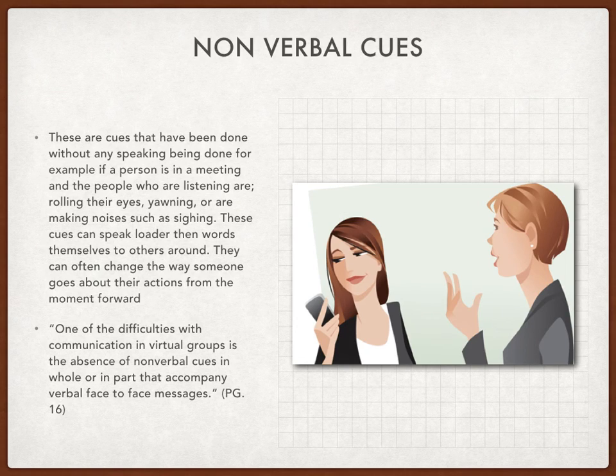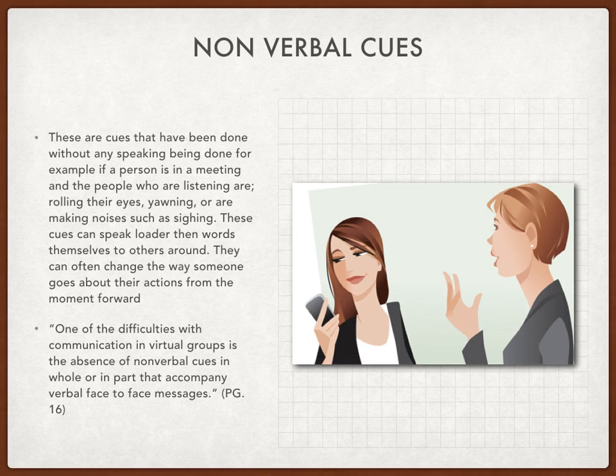The next slide is going to be one of the theories. I thought nonverbal cues were so important when I was reading about it in the book that I decided that would be a great theory to talk about. Nonverbal cues are things that people don't speak about. They express how they feel in a different way.